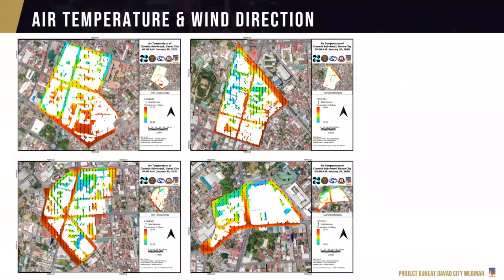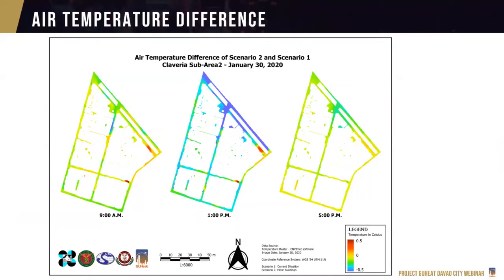Okay, so another map by the project is this air temperature difference map. It shows one of the sub areas in Claveria. This shows the difference in air temperature between 2 user-defined scenarios. Scenario 1 here is the current scenario, while in scenario 2, some of the open areas have been converted to buildings.